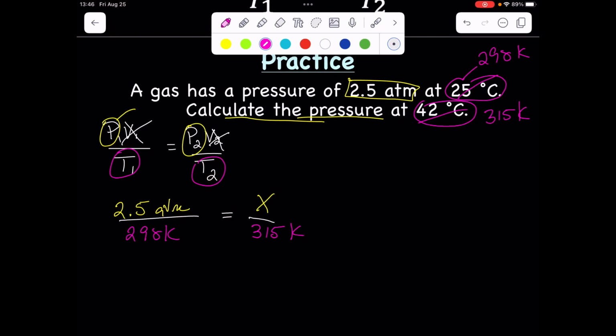All right. So now we have two fractions with an equal sign in between. The way we deal with that is to cross multiply.